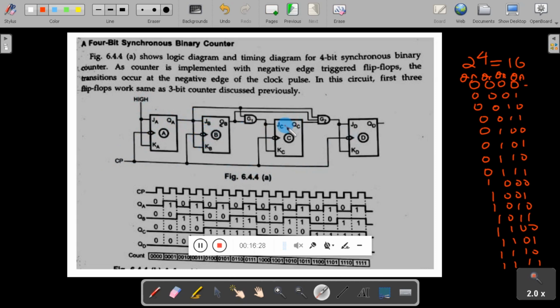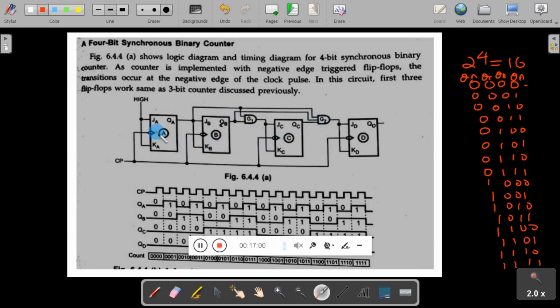The input of the third comes from an AND gate, for which the inputs are QB and QA. Similarly, the input for the fourth comes from an AND gate, and that is a 3-input AND gate. This is the 2-input AND gate. This is a 3-input AND gate.